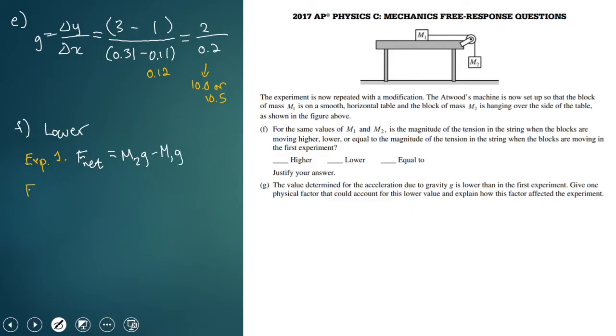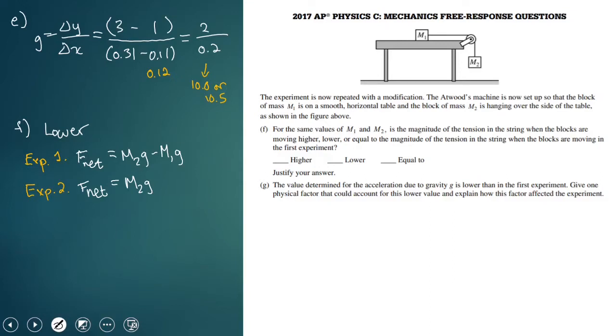But for experiment number 2, the force of gravity on the first mass doesn't actually affect the acceleration of the system because it's counteracted by the normal force of the table. It's not directly affecting the coordinates of motion, and so it has no play in the actual net force that we care about. And so in this case, it's just M2G minus Ft. That's just for block 2, but overall for this system, it's just M2G. The Ft comes into play when we just consider block 2.